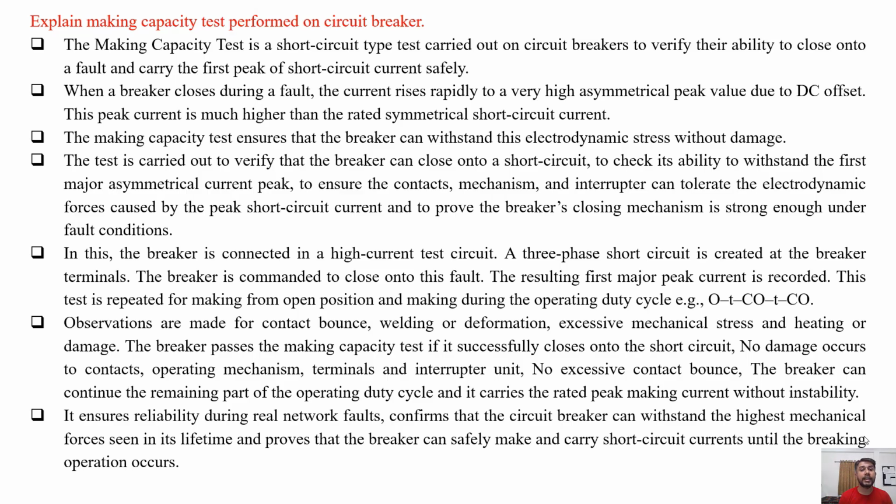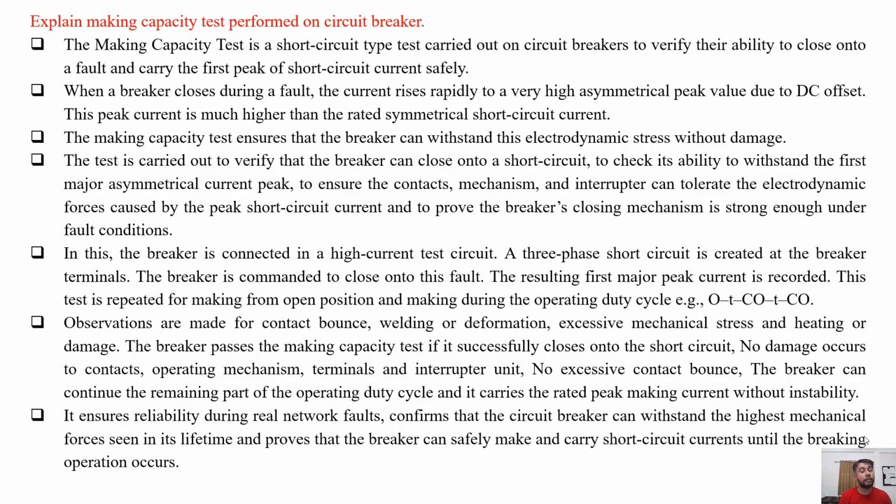The test is carried out to verify that the breaker can close onto a short circuit, to check its ability to withstand the first major asymmetrical current peak, to check that contacts, mechanism and interrupter can tolerate the electrodynamic forces caused by the peak short circuit current, and to prove the breaker's closing mechanism is strong enough under fault conditions.